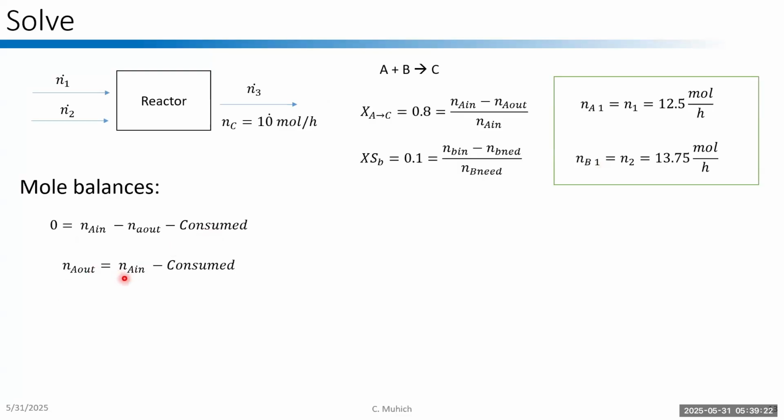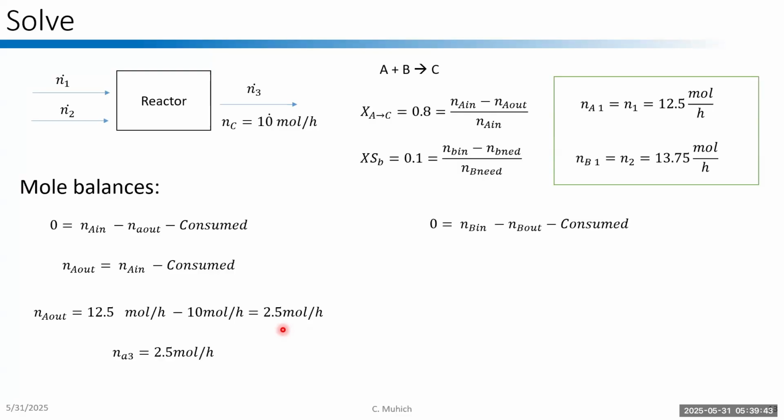So the N_A out is N_A in minus N_A consumed. I know what came in, right? It's that 12.5. I know it was consumed. It must be those 10 moles per hour, right? Because that's how much C I have. So that leaves me with 2.5 moles per hour. And that's of course our N_A3.